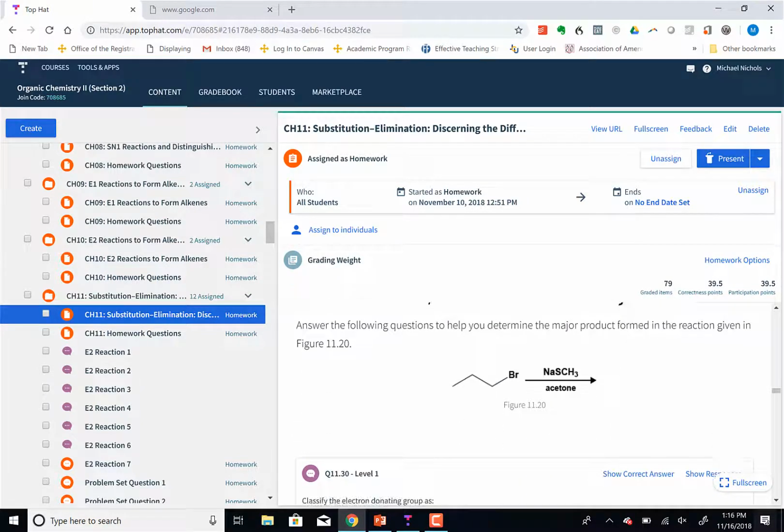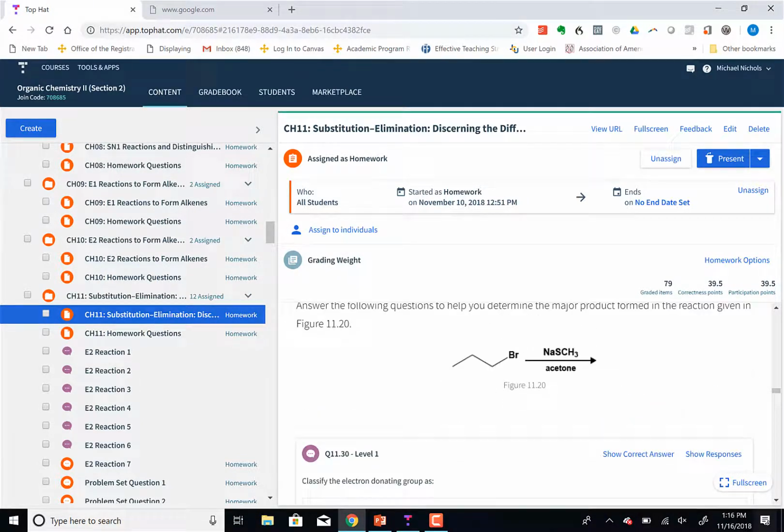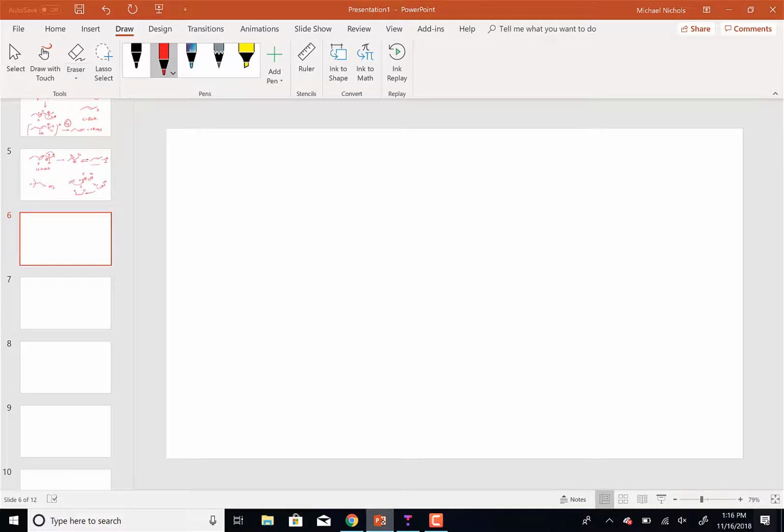If we go to primaries now, in the molecules that they're changing, they're taking propyl bromide and reacting it with NaSCH3. So what's that reaction? Na is a counter ion with a plus charge. If I take it away, it's SCH3 minus.